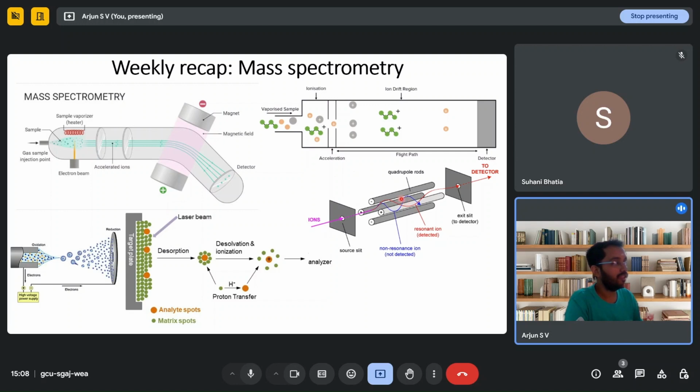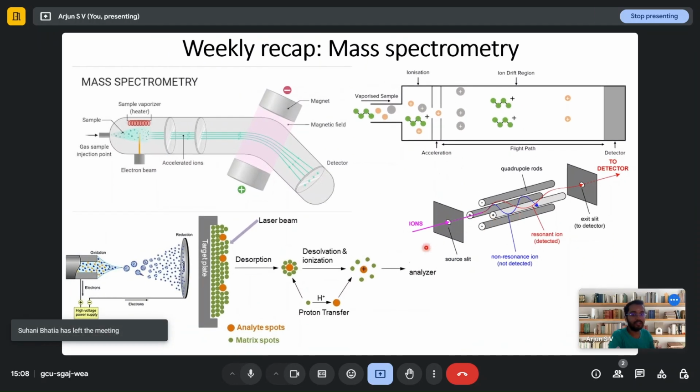The quadrupole's dynamic electrical field will be adjusted to such an extent that ions which are only selective to 1600 daltons are allowed to pass through to the detector, and ions which are like 1400 or 1500 daltons are made to strike the quadrupole rods present here. So in this way, your ions are selectively made to pass through the quadrupole rods to the detector.